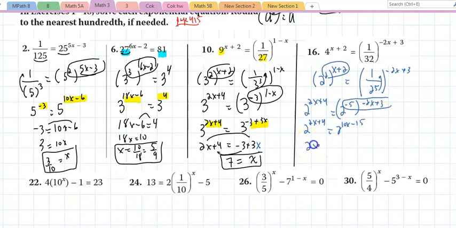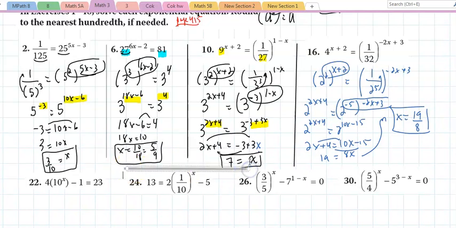That indicates that 2x plus 4 equals 10x minus 15. 8x equals, what is that, 19? Divide by 8, so x is 19 divided by 8. And that's pretty much it. It looks a lot more challenging than it actually works out.